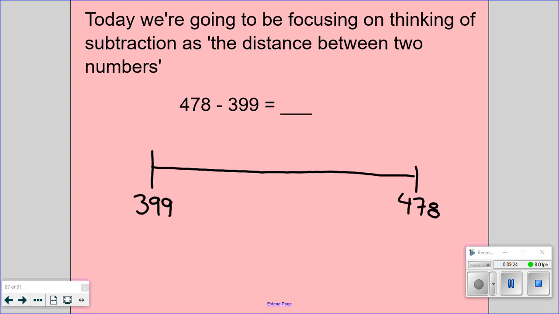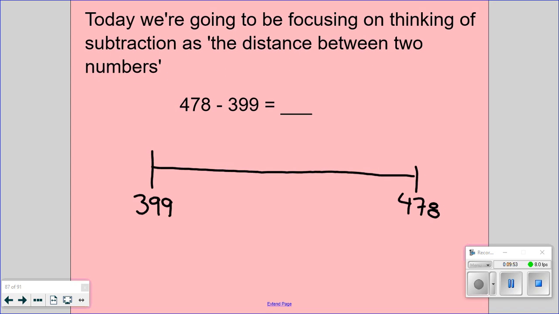So, if it's 499, why is that a problem, Rylan? Yeah, I can't jump 100 because I would go way too far.